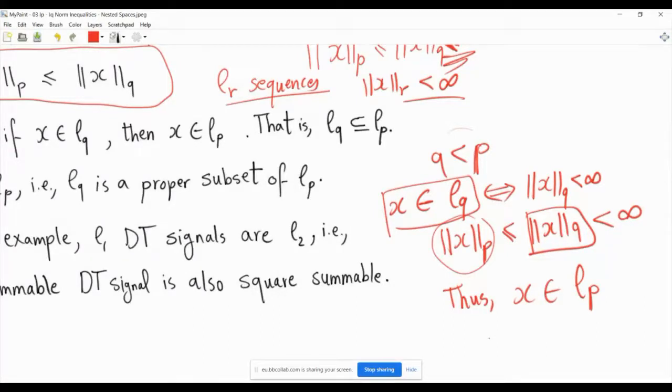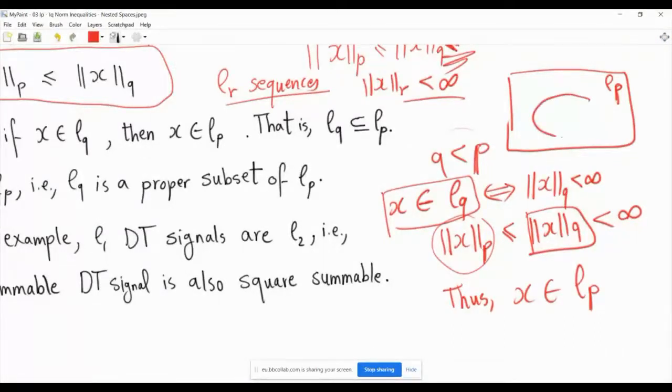In other words, if you have a sequence that is LQ, it is guaranteed to be an LP sequence. If you have a Venn diagram, these are the LP sequences, so this box contains all sequences that have a finite LP norm, if P is greater than Q. The LQ sequences are here.